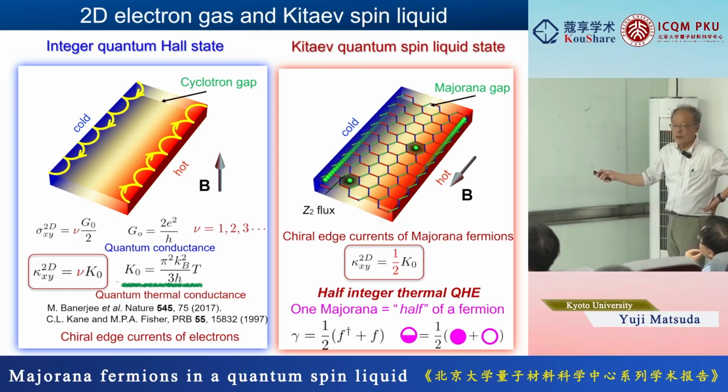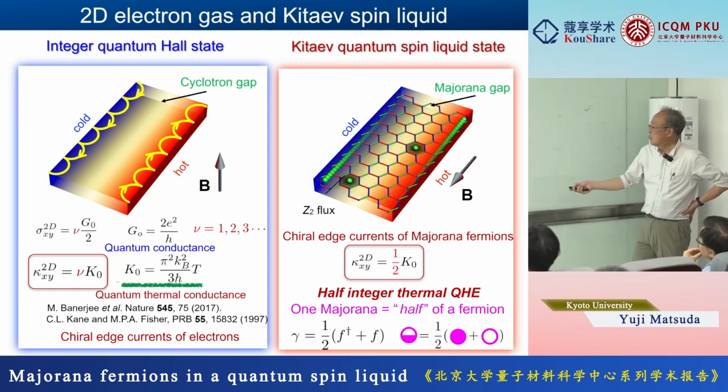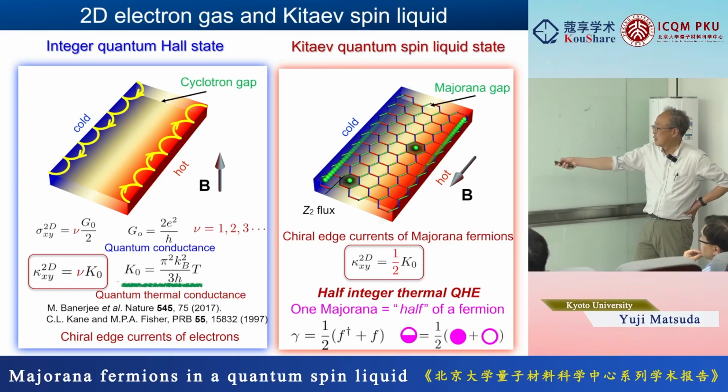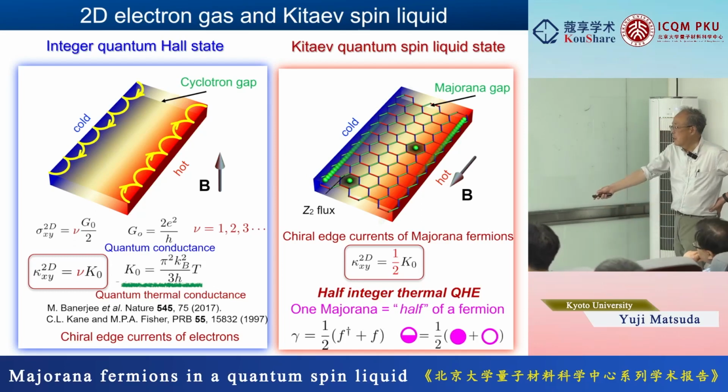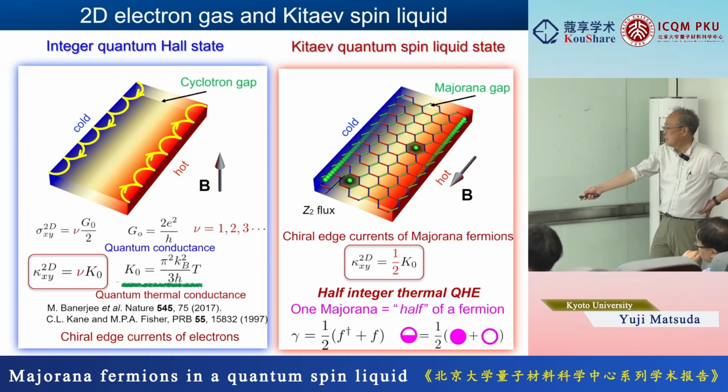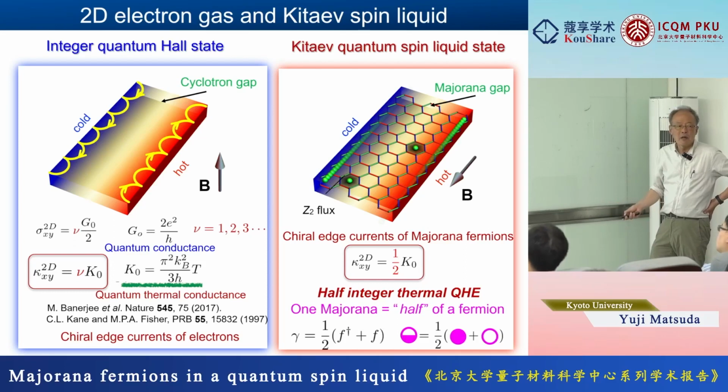In the Kitaev spin liquid, the chiral edge current of Majorana fermions carries the heat. But the important point is that kappa_xy is half of K0, which is half of the nu equals 1 quantum Hall state. This is half because the degree of freedom of a Majorana fermion is half that of electrons. So in other words, if we observe this half-integer thermal Hall effect, this is direct evidence of Majorana fermions. As I will discuss later, this is also direct evidence of the presence of non-abelian anyons.